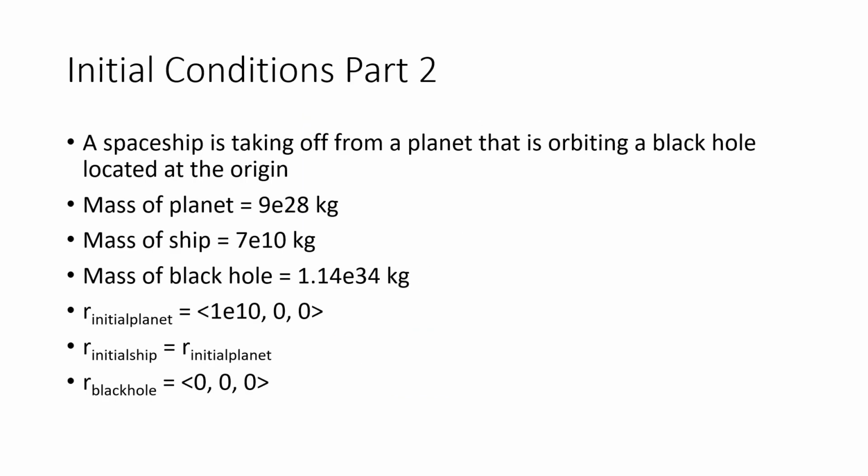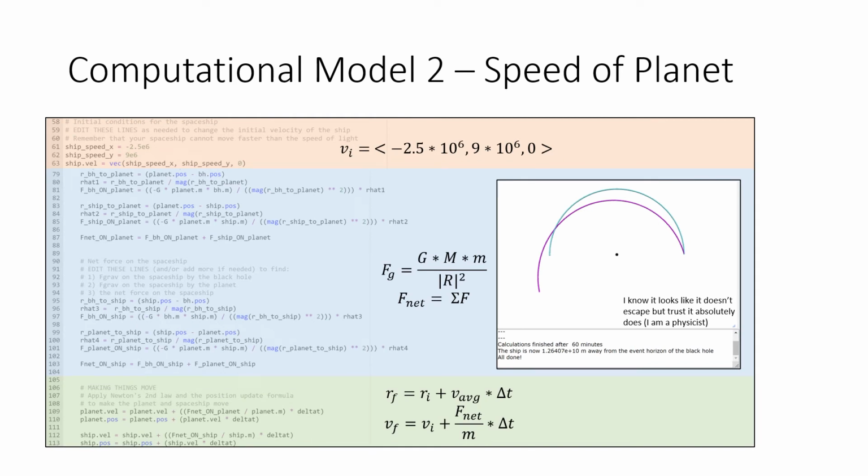So for part 2, a spaceship is taking off from a planet that is orbiting a black hole located at the origin. Here are the initial masses and then the initial positions, as well as the position of the black hole, which was fixed. So in this computational model, we determined the initial speed through just trial and error. Down here, as we said earlier, the net force is equal to the sum of gravitational forces.